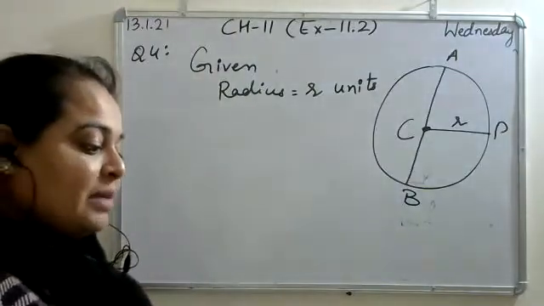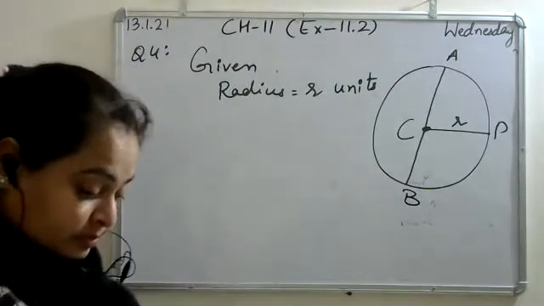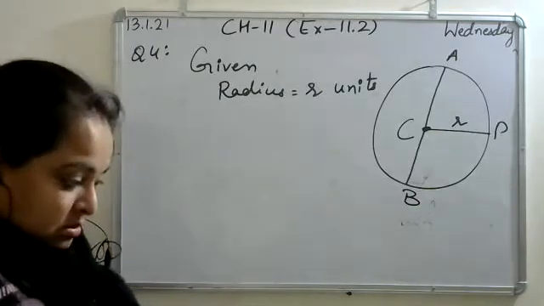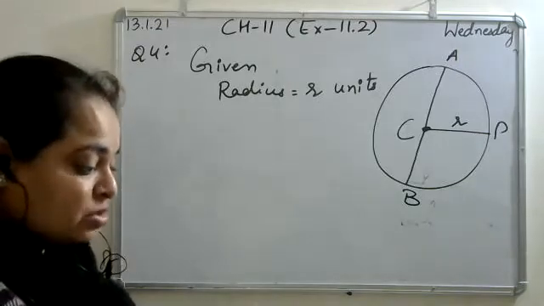Now students, tell me what is the relationship of diameter with radius? Tell me the formula showing the relationship between diameter and radius of a circle.